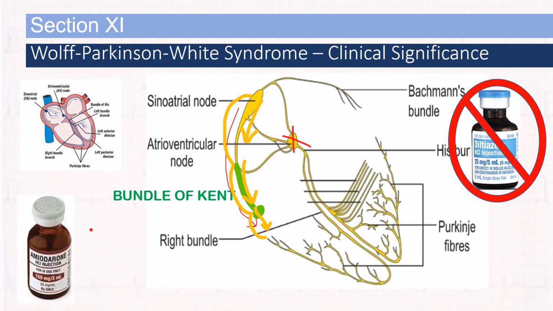Instead, you should give amiodarone or procainamide. If you ever have a question, contact Online Medical Control. But this is just for somebody with WPW and atrial fibrillation with a rapid ventricular response or a tachydysrhythmia.